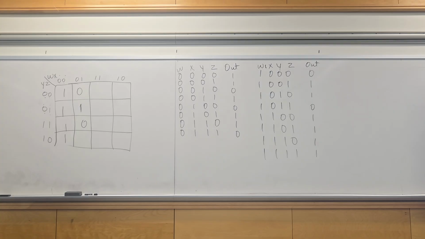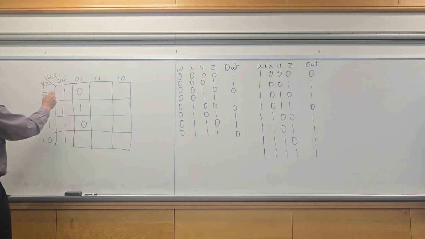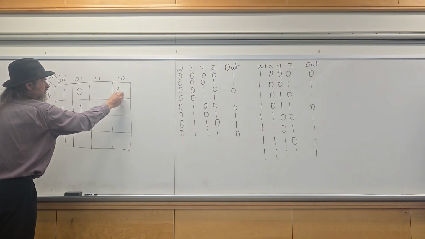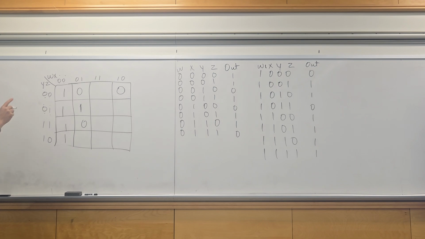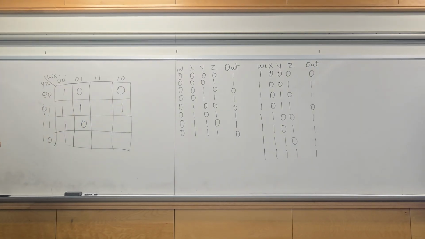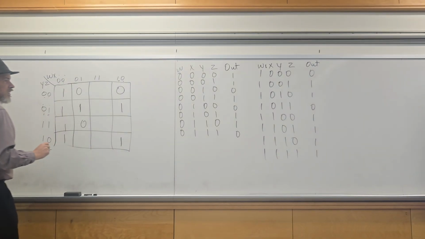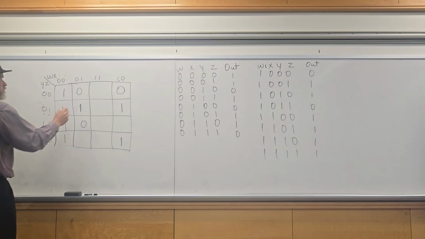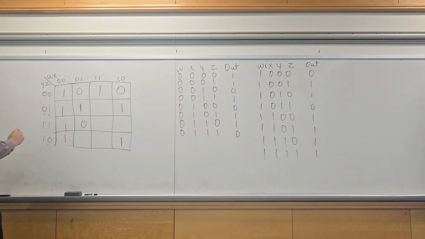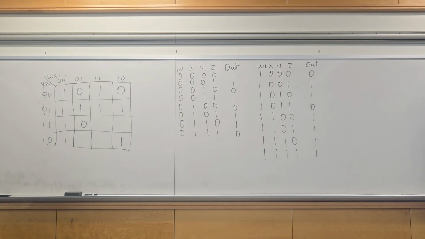And all the way over there, 1, 0, 0, 0 is a 0. 1, 0, 0, 1 is a 1. 1, 0, 1, 0 is a 1. 1, 1, 0, 0 is a 1. 1, 1, 0, 1 is a 1. 1, 1, 1, 0.